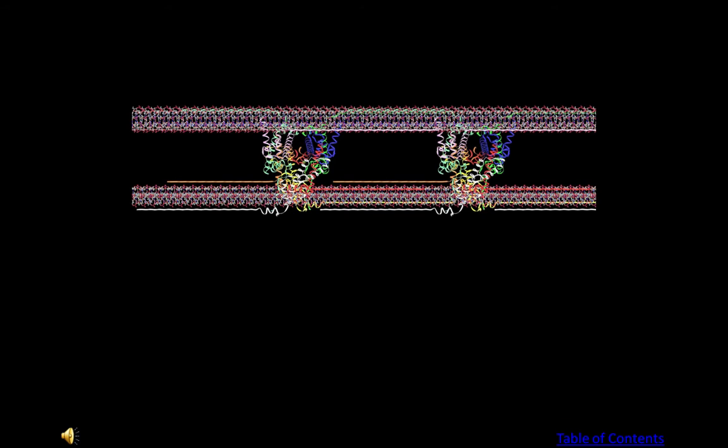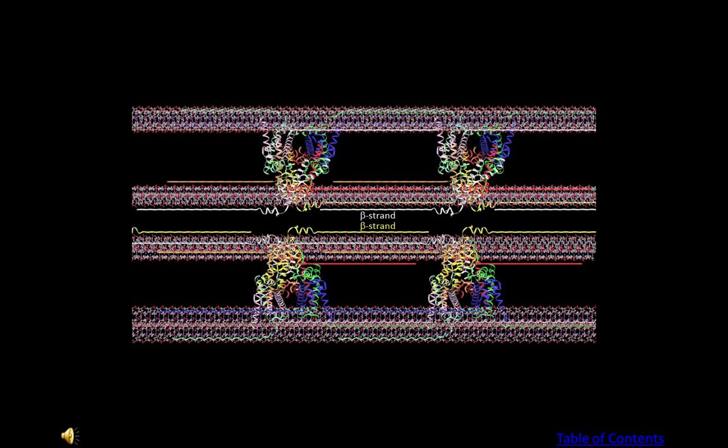This slide shows a length of nucleoprotein encompassing 2 adjacent histone octamers and their accompanying DNA. The N-terminal beta strands of the white H3 subunits, chain A, are on the bottom of the nucleoprotein complex. Now we introduce a second length of nucleoprotein, identical to the first except for orientation and position.